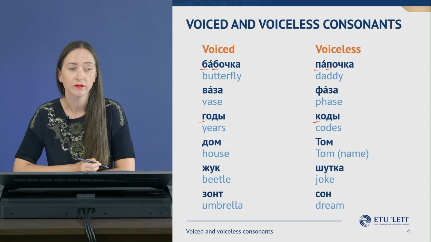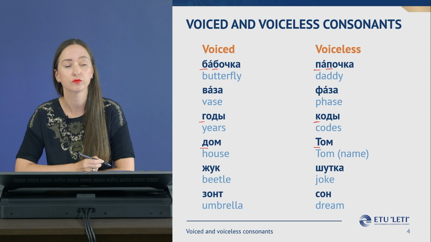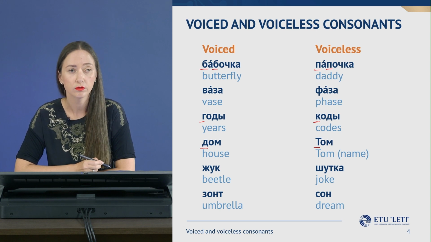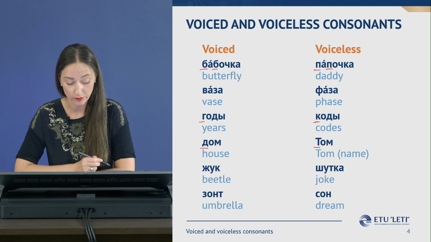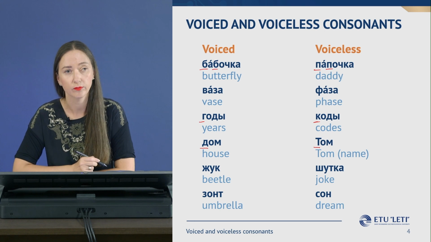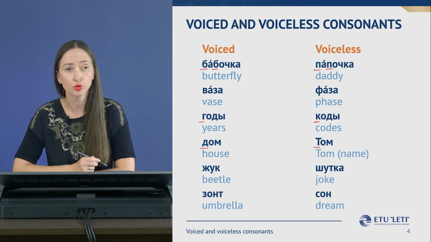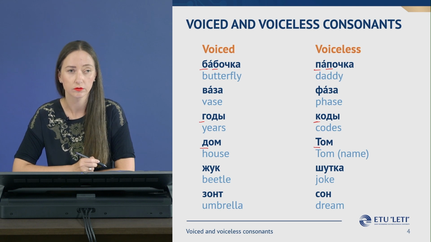You see that these words are different only because of one single sound at the beginning. Dom, tom. The next line features some more differences, but to see the same sounds in positions, it will be useful. Жук, you know this word already. Жук, шутка. Ж, ш. Жук, шутка.